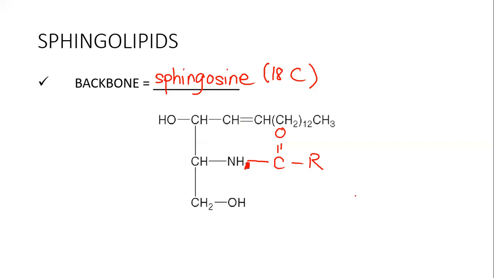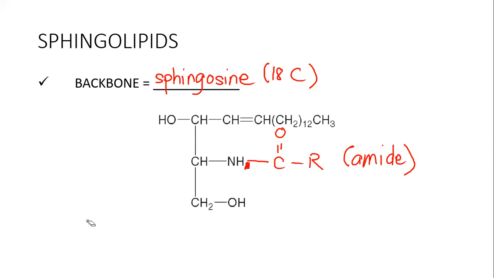RCOOR. Here, class, when a fatty acid binds to the NH2 group of a sphingosine backbone, it leads to the formation of not an ester, but rather an amide. Take note of this. When a fatty acid links to a sphingosine backbone, there is a formation of amide, not ester. Okay?